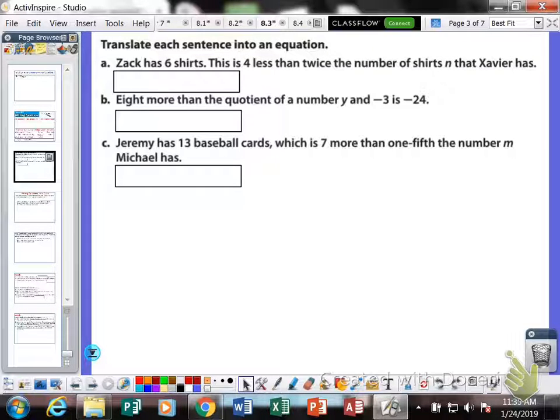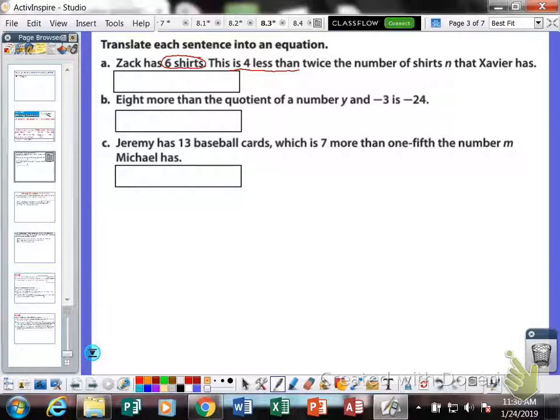Right away we know that Zach has 6 shirts is our total. 4 less than twice the number of shirts N that Xavier has tells us that this is a subtraction problem. We have 4 less than, and that's what tells us that this is subtraction.